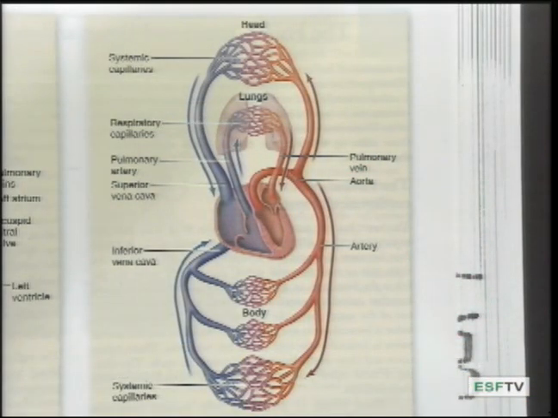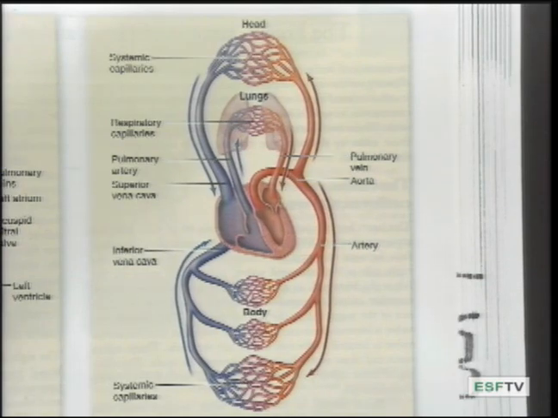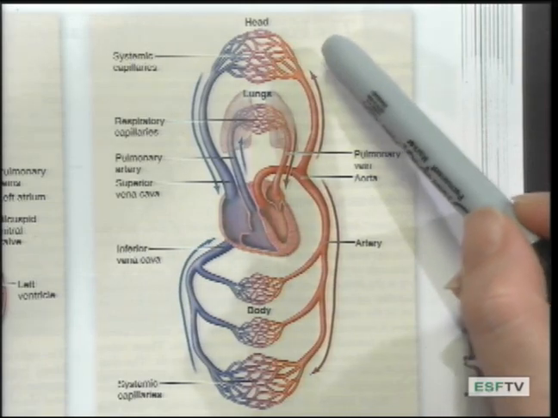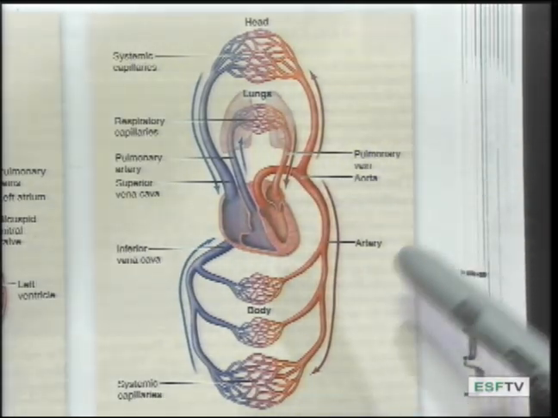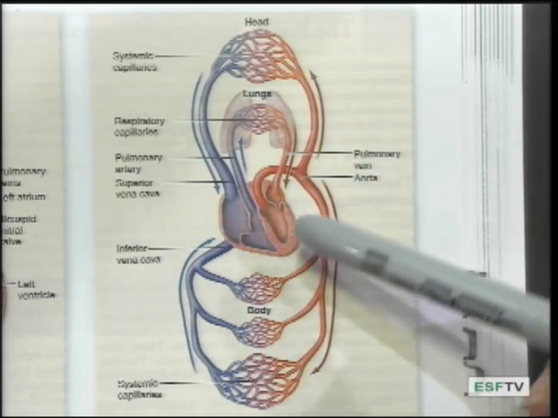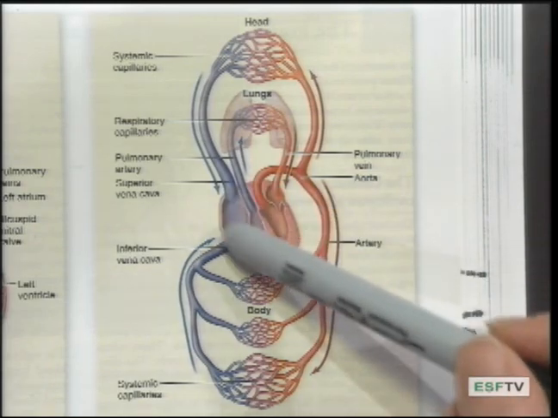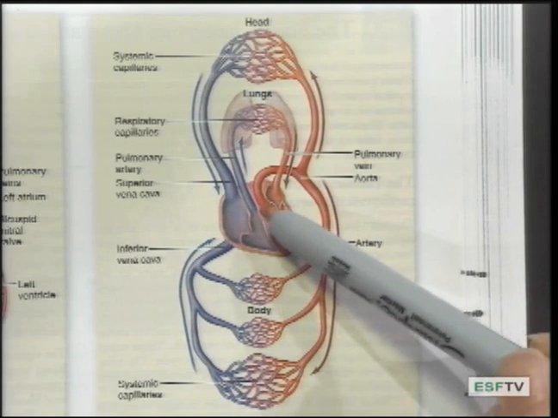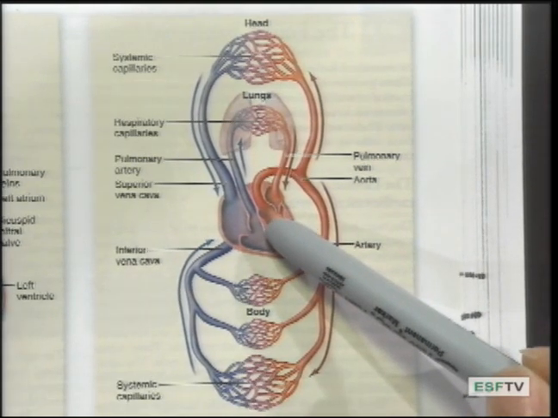So with that, let's go to the document camera where we have an image showing the heart and the circulation of blood through the heart and the circulatory system. So here we have the mammalian heart, this four-chambered heart with the different chambers, the atriums and the ventricles.